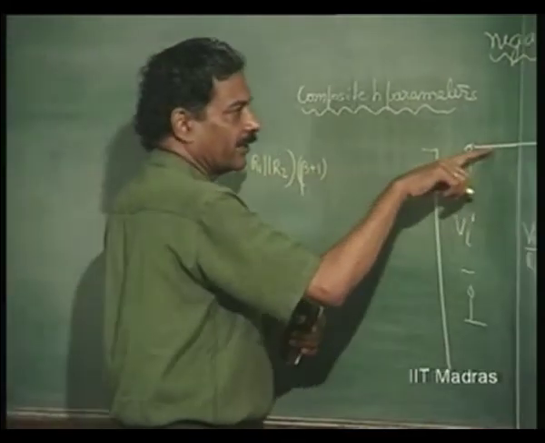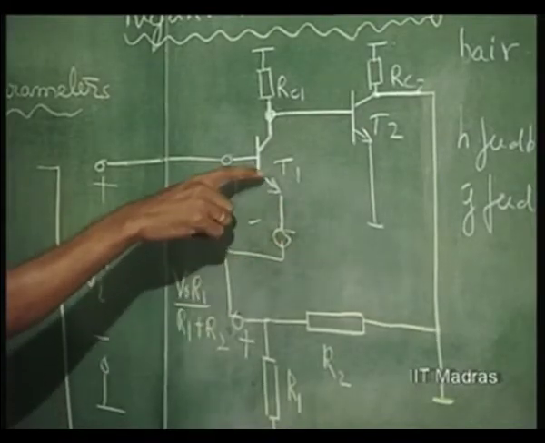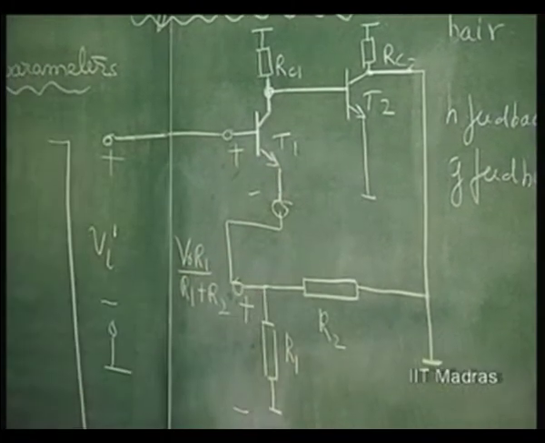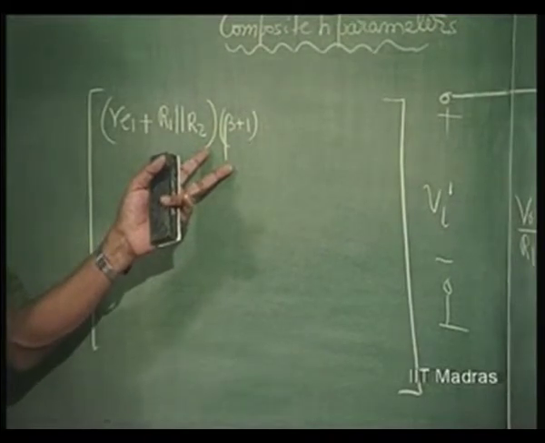It is because we are looking at the base, the current here is beta plus 1. So, any impedance coming in series, that is Re1 in series with R1 parallel R2, that into beta plus 1 is now Hi of the composite amplifier.